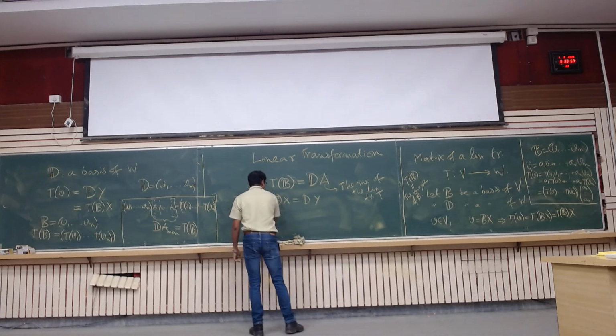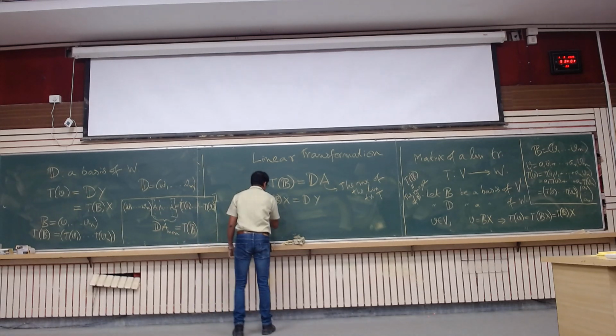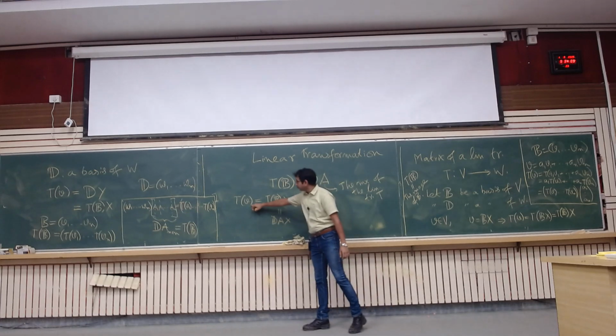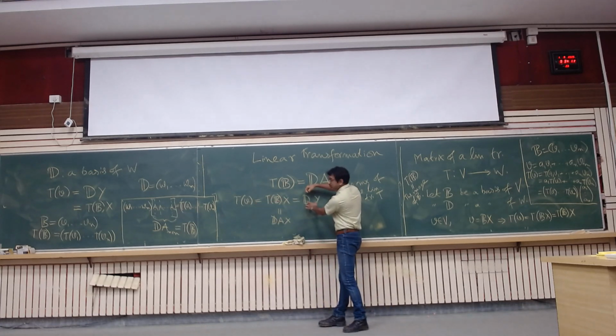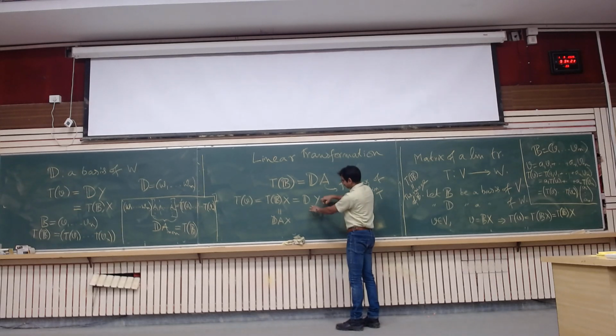So TBX, now we know that TB is equal to dA, right? So this is equal to dAX. Okay. So we are expressing TV in terms of this basis D in two ways. One is dAX, because TV is dA by definition. This is the matrix of the linear transformation. And this one is something we started with.